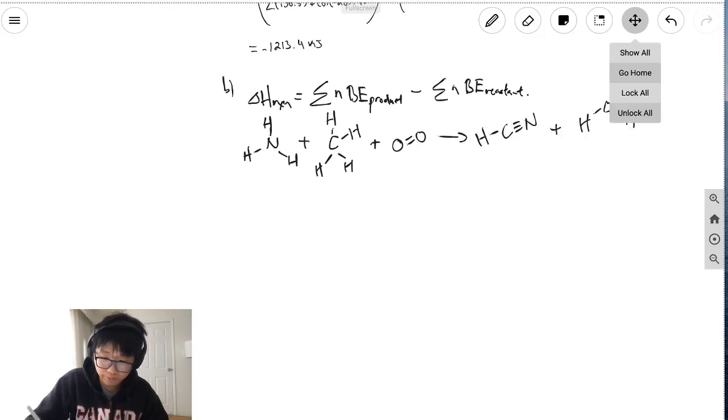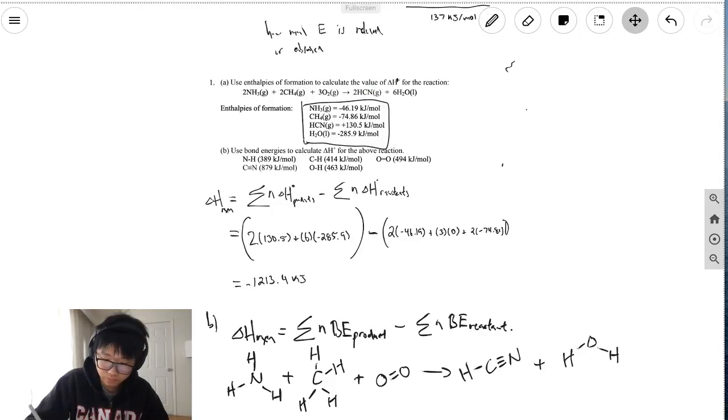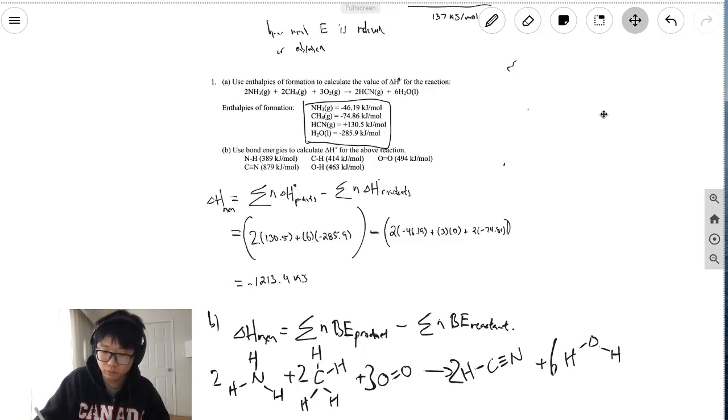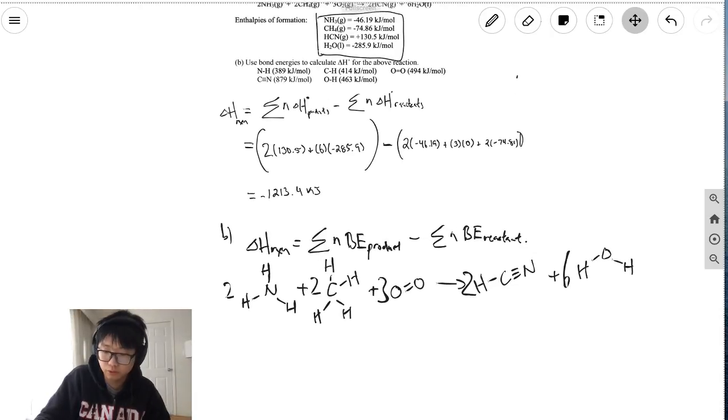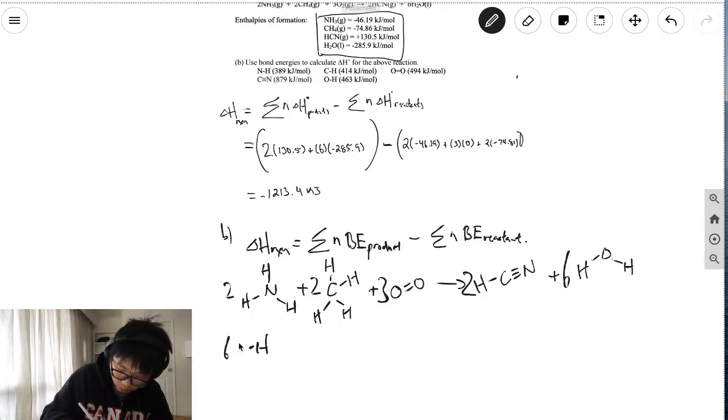I should probably put the coefficients here as well. There are 2 of these, so in total there are 6 N-H bonds. That's the only thing found in this one.